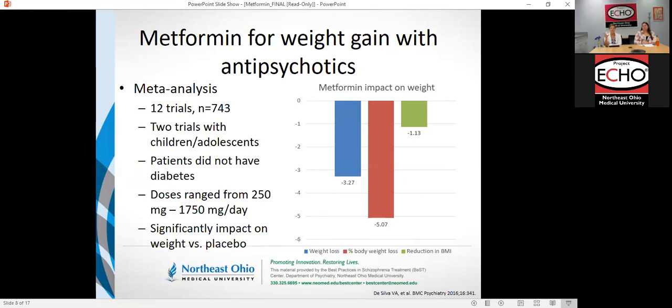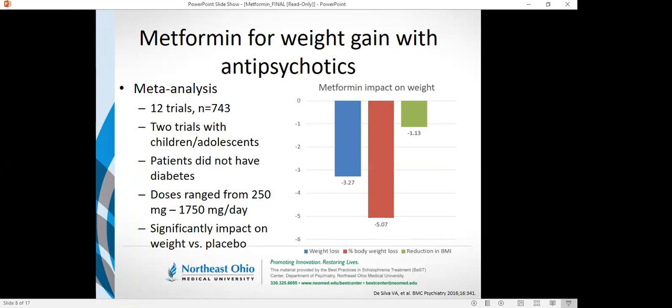This is interesting because the trials included a pretty significant range from 250 milligrams of metformin up to 1,750 milligrams a day. Most of the trials used 1,000 milligrams total a day, but they saw improvement even on those that were on the higher and the lower end.